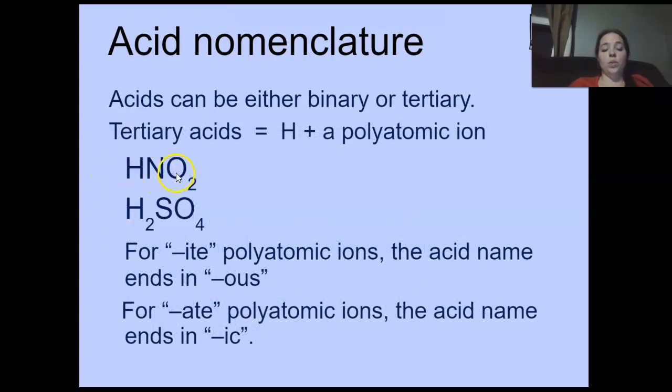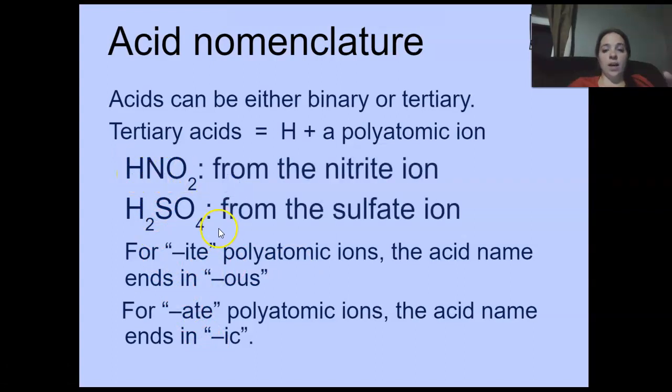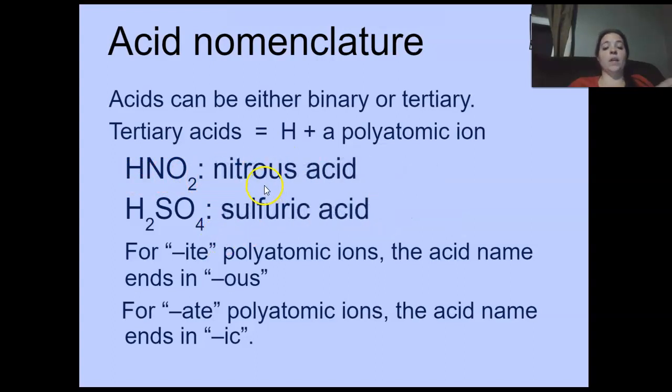1, 2, 3. So the thing we've got to remember is if it has a polyatomic ion ending in ite, you're going to name the acid ending with ous. Whereas for ate, you end with ic. So this is going to be nitrous, a nitrite ion, and sulfate ion. So it's going to be nitrous acid and sulfuric acid.